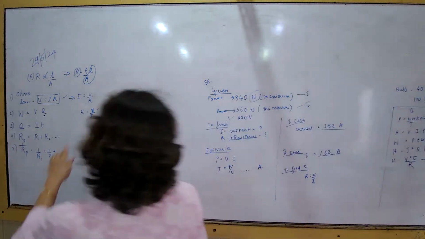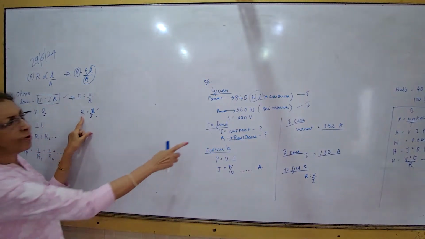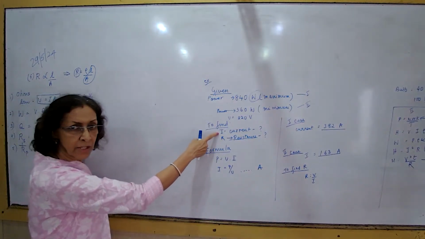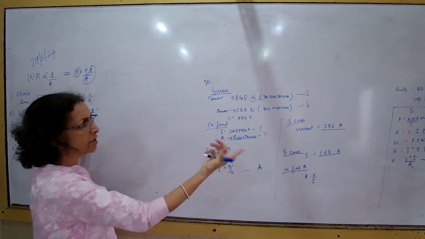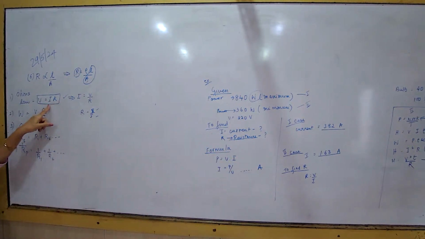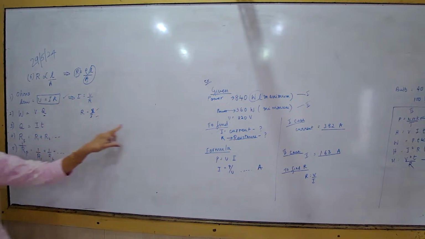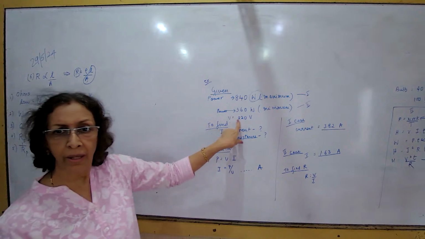See here. We have found out current in both the cases. This you have done. Next thing is I have to find out resistance. Once again we are going back to Ohm's law. V is equal to IR. Reshuffle that and you will get R is equal to V upon I. V is already known to us, no?